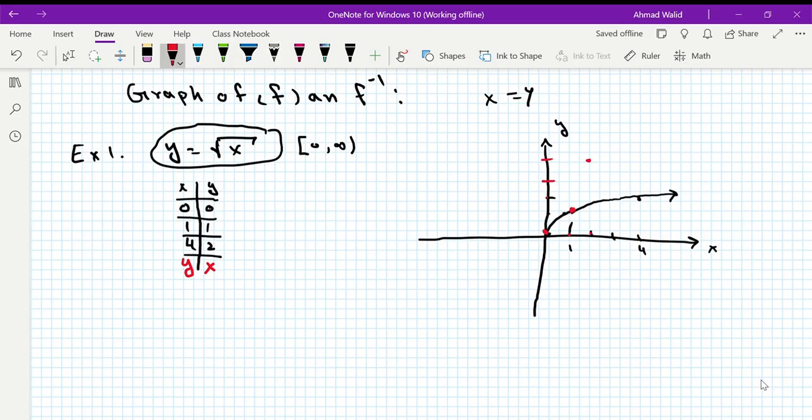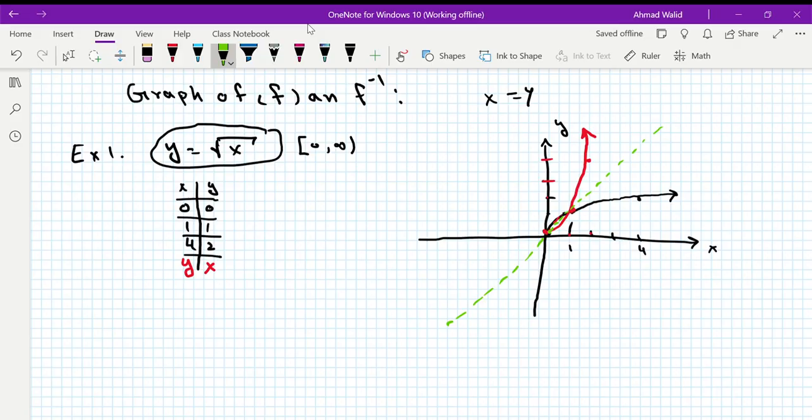And if I graph, I will end up with this shape. Now, if you graph y equals x, which is always this line, right? Everyone knows what is y equals x. It's always this diagonal line, 45-degree.